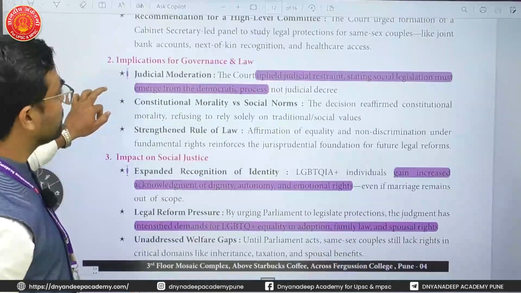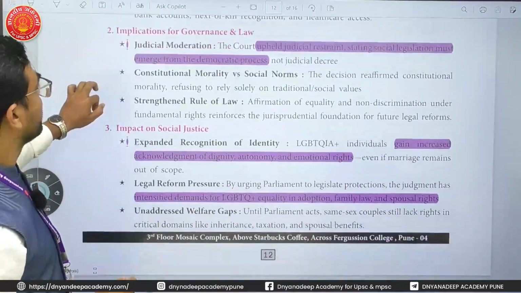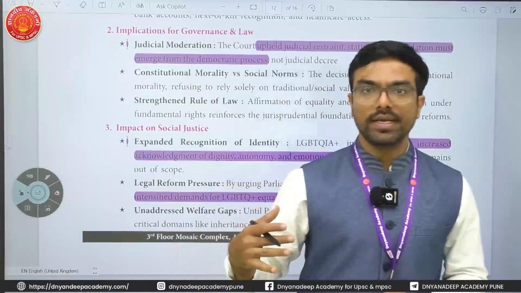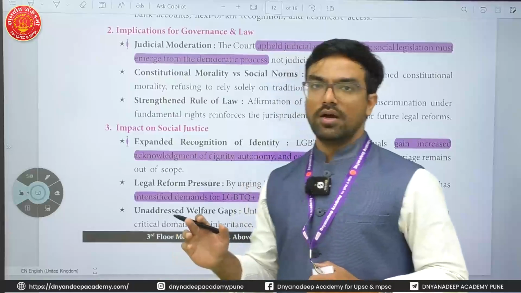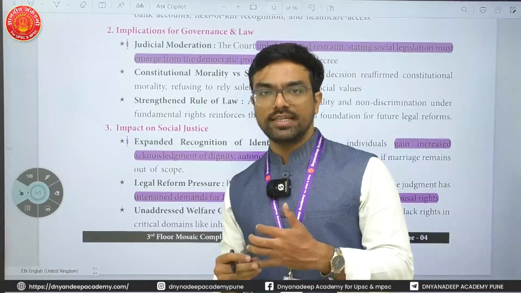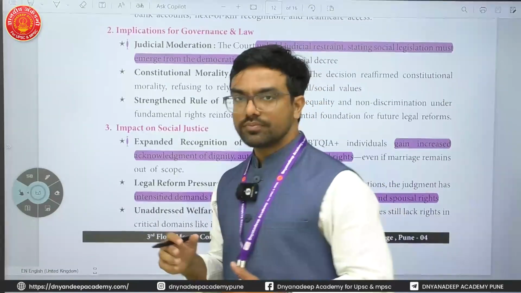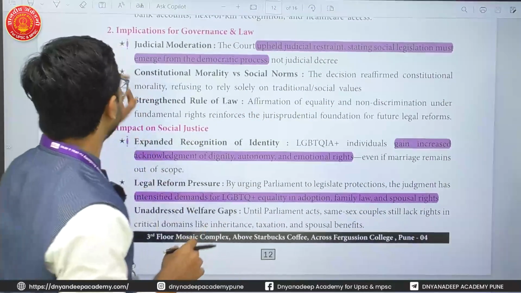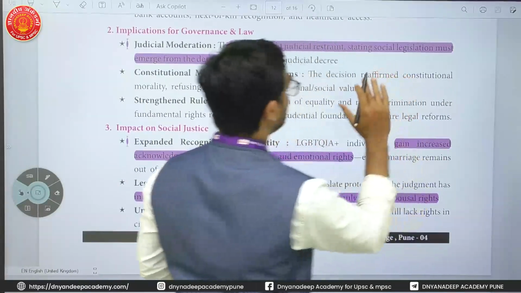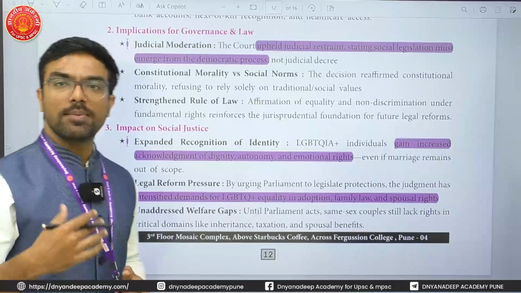Okay, and its implication on governance and law. Key: judicial moderation. It doesn't go for judicial overreach, nor does it limit itself. So it is balancing its act. It is not resulting in judicial activism. It is judicial moderation, upholding judicial restraint, stating social legislation must emerge from the democratic process.